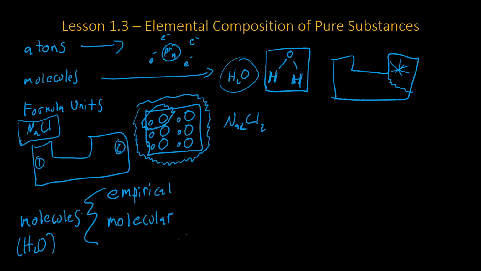Empirical formulas only exist to give you that ratio. So let's say I have a sample of some substance that has carbon and hydrogen. All I know about my substance is that for every one carbon, it's going to have two hydrogens. So you might denote it as CnH2n, where n is going to be that same value between them.